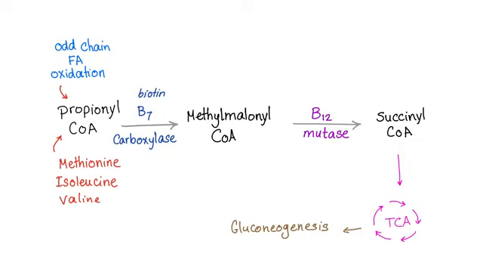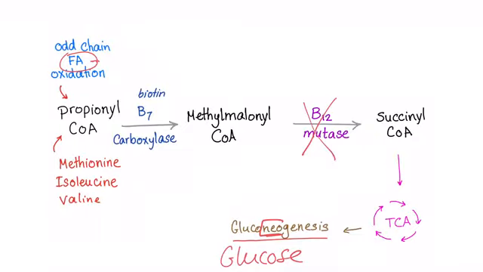Thank you B12 and mutase enzyme, which will convert the methylmalonyl-CoA into succinyl-CoA. Succinyl-CoA goes to the Krebs cycle where gluconeogenesis will occur. Gluconeogenesis is forming glucose from new sources, such as fatty acids. So these fatty acids or fat now will be glucose. That's amazing.